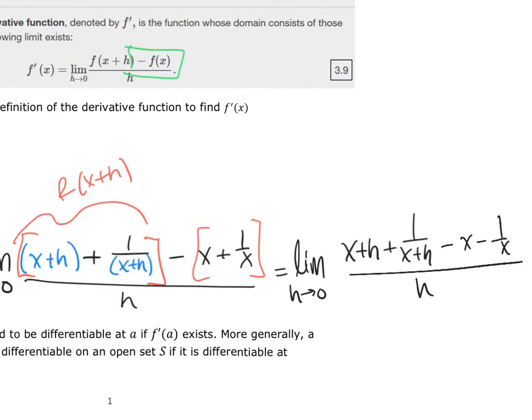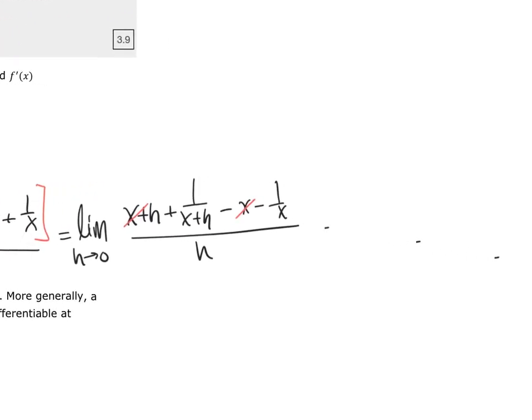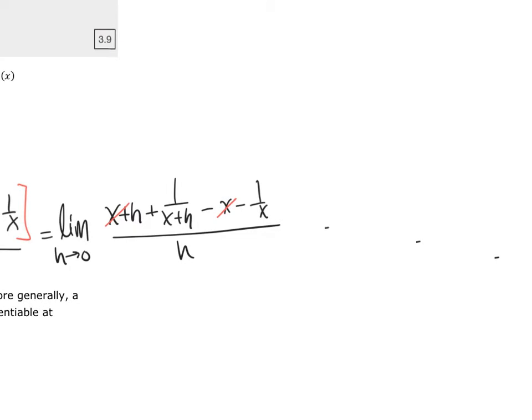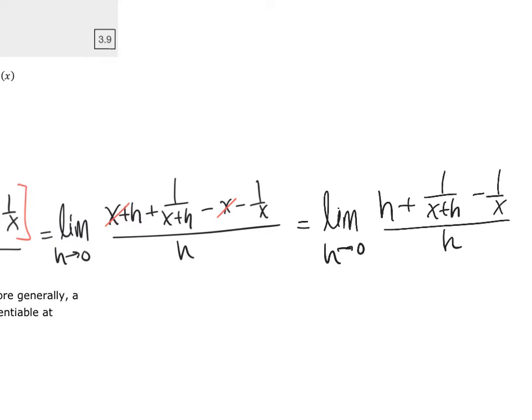Remember to distribute that negative through. When I do that, my x's cancel, and that's about it. But I'll take what I can. So this is equal to the limit as h approaches 0 of h plus 1 over x plus h minus 1 over x, all over h.